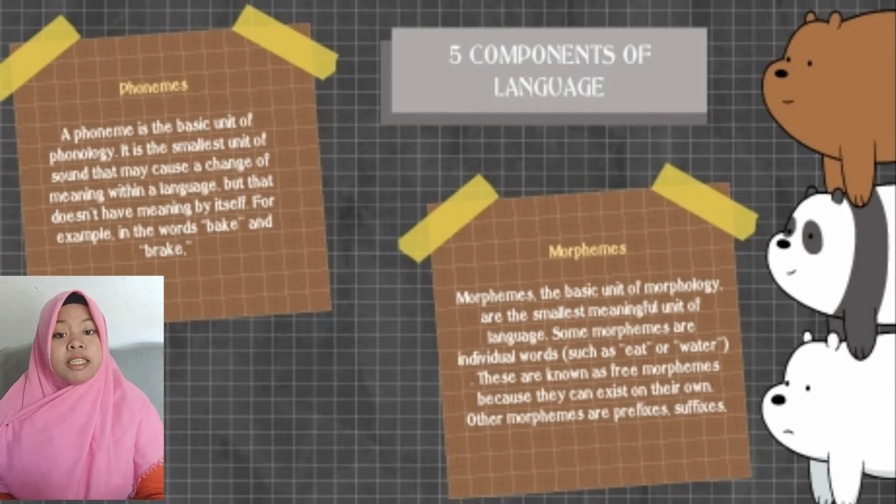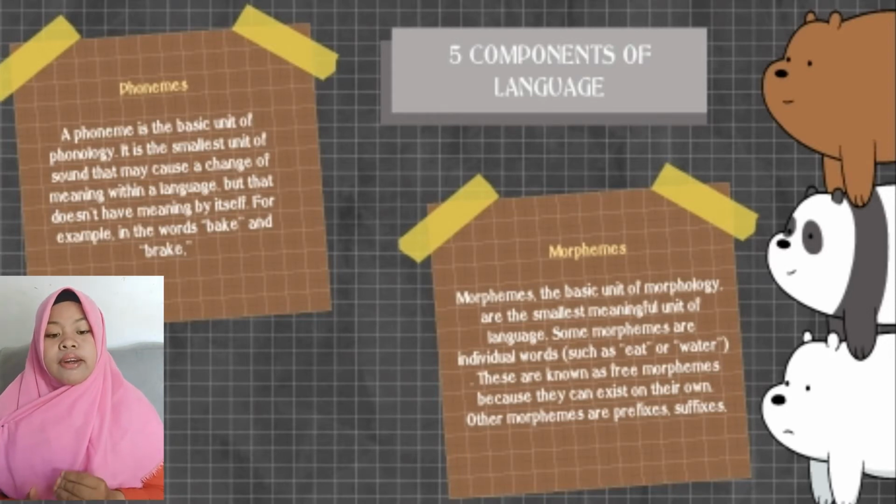Okay, the second is the morphemes. Morpheme is the basic unit of morphology, the smallest meaningful unit of language. Thus, a morpheme is a series of phonemes that has a special meaning. If a morpheme is altered in any way, the entire meaning of the word can be changed. Some morphemes are individual words such as eat or water.